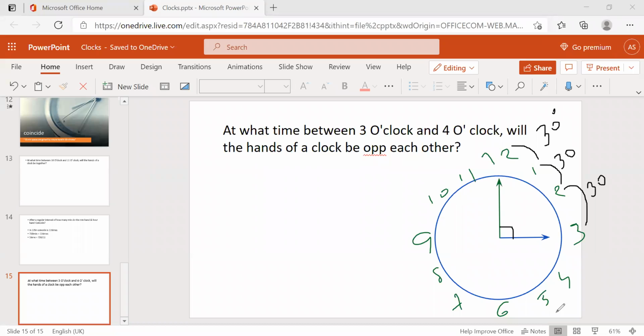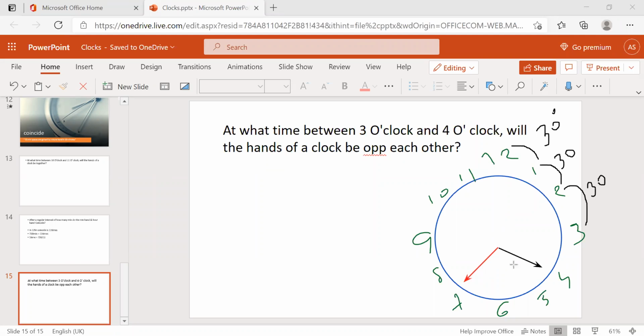Okay, and after that, when will it show a right angle again? 4 o'clock and 5 o'clock, just check this one. The hour hand shows 4, and the minute hand will show 7.